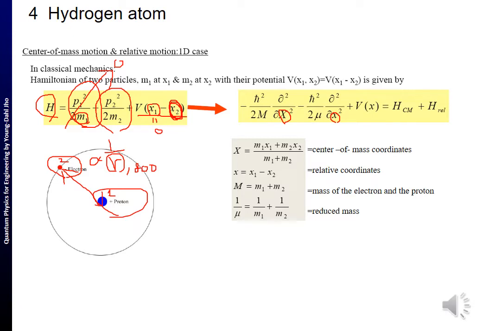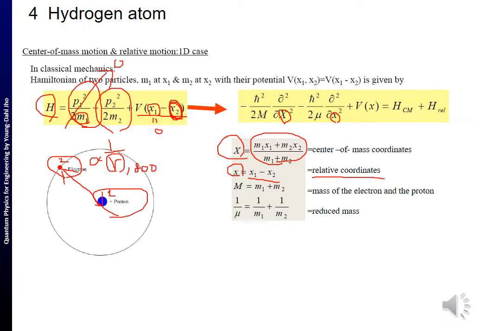Here in this case, large X, the center of mass coordinate, is defined like this: M1 x1 plus M2 x2 over M1 plus M2. And x is the relative coordinate, x1 minus x2.